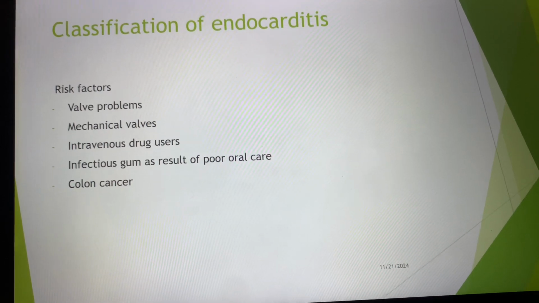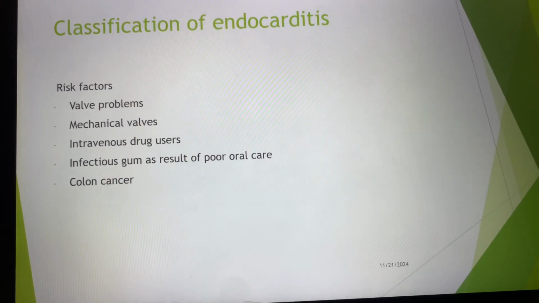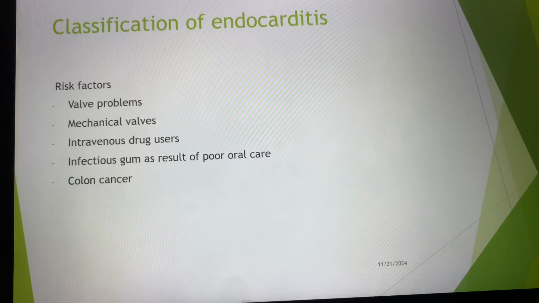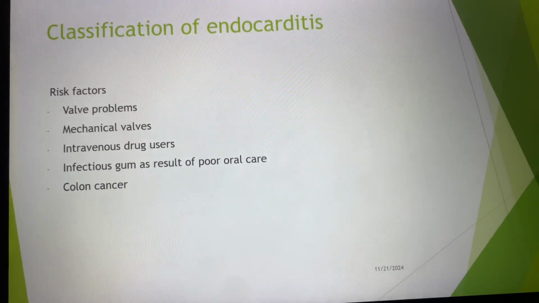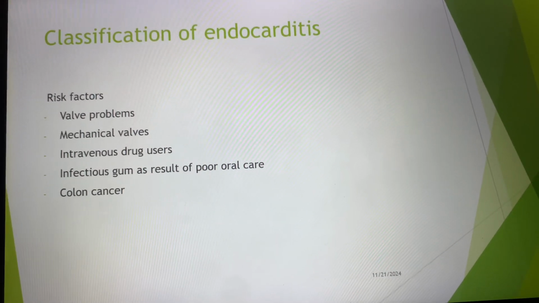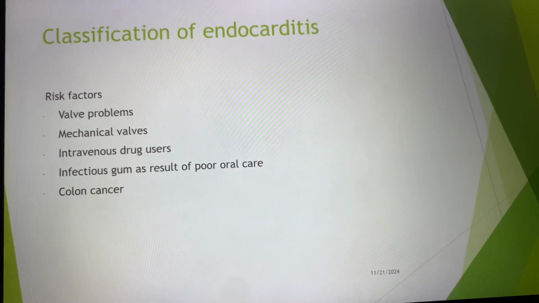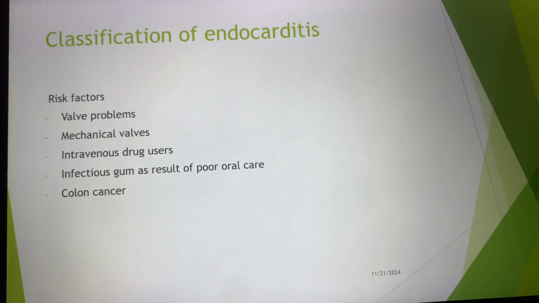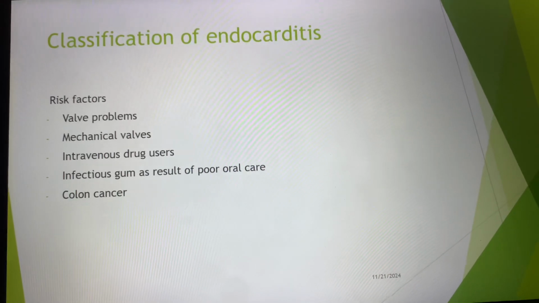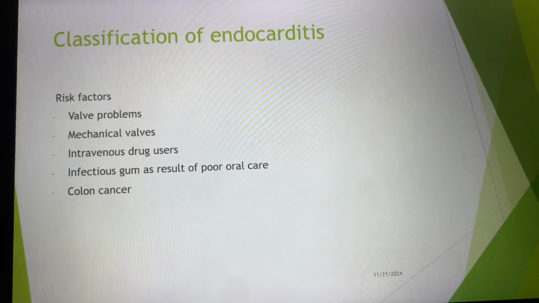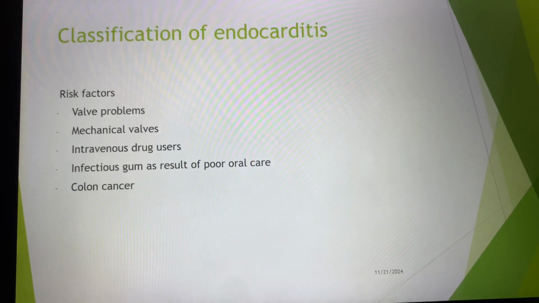The risk factors include valve problems, when the heart grows old and the valves develop problems themselves. We have mechanical valves, which are placed in the heart to assist the functioning of the valve when there is an incompetent valve.